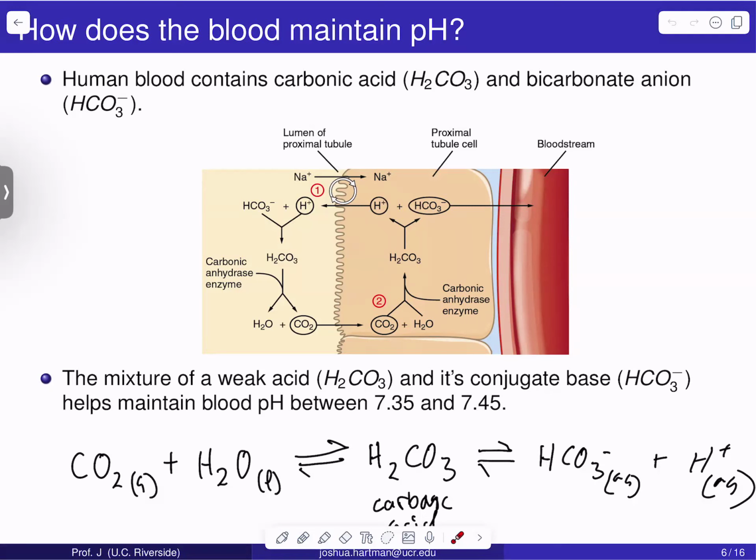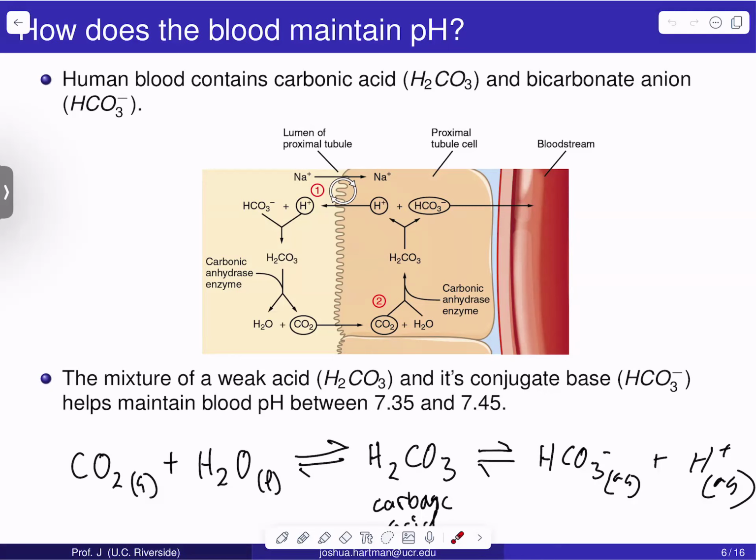Now, the pH of blood specifically must be maintained within a very specific tolerance. If you get dramatic or even minor fluctuations in the pH of blood, that can be catastrophic, ultimately can lead to death, and certainly severe illness.